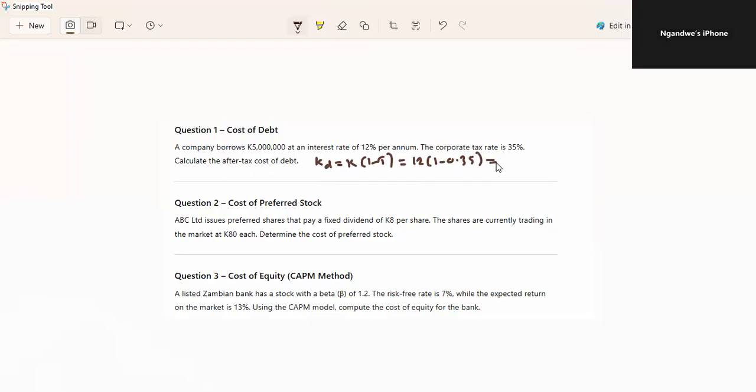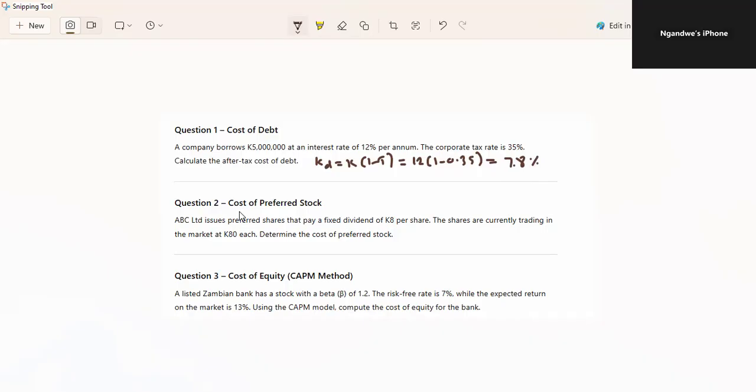So how do you get there? It's giving me 7.8. Yes, 7.8. So meaning your cost of debt has reduced from 12% to 7.8% because of the tax shield.